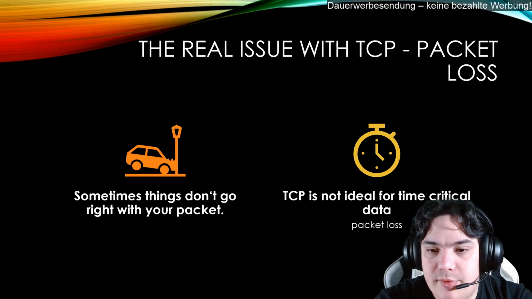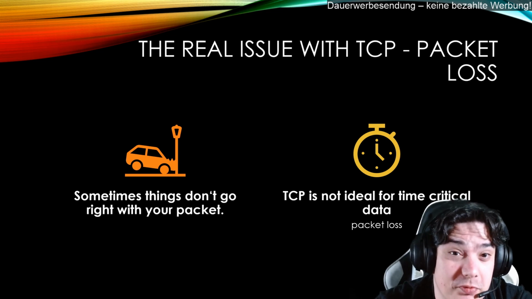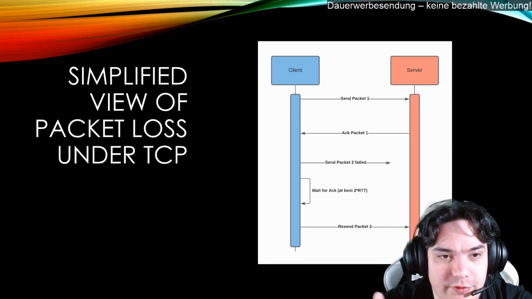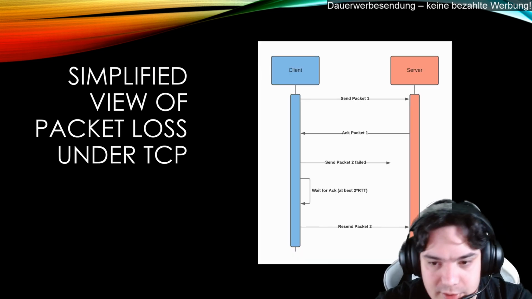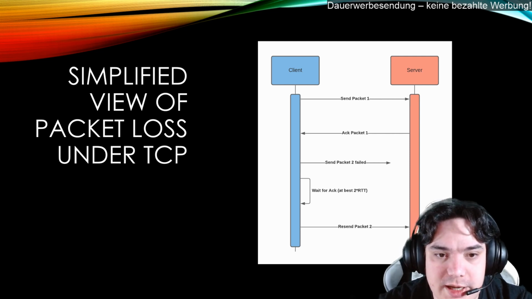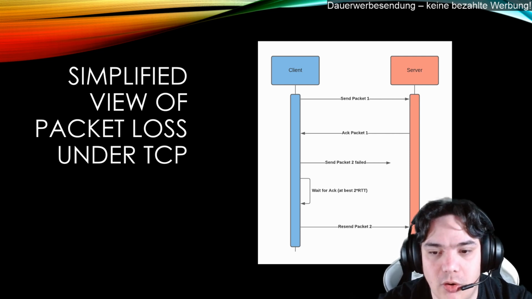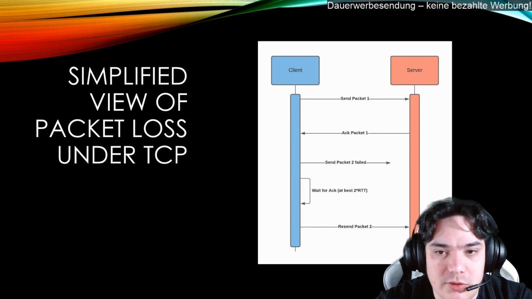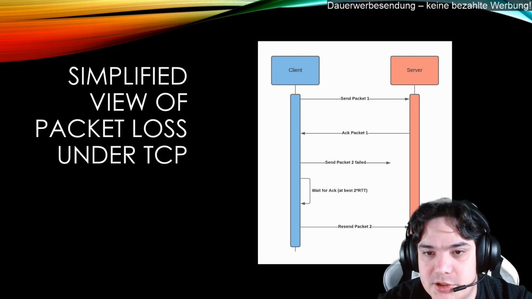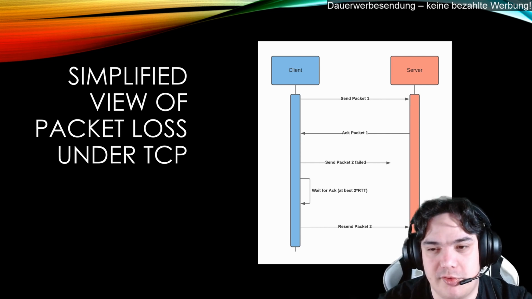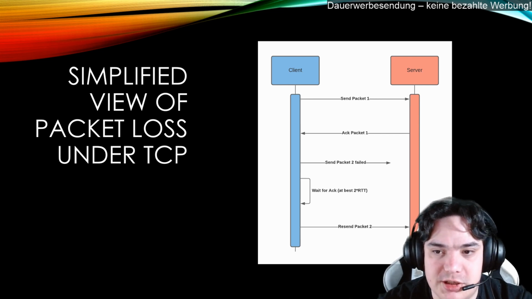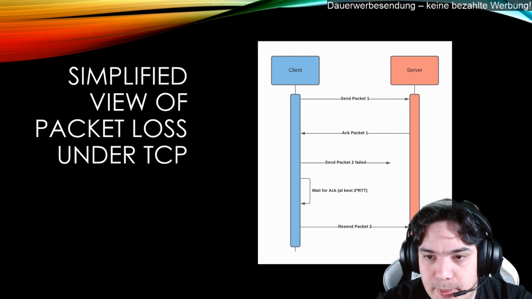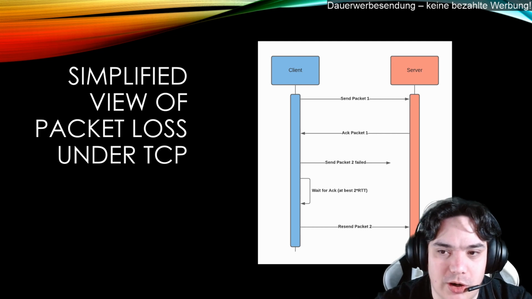The reason is how reliability in TCP works, and we take a very simplified look at that. It's more complicated than that, but this shows the core of the issue. On the right side, you see an image with a client communicating with a server. The connection is established, the handshake is done, and the client sends packet 1 to the server.